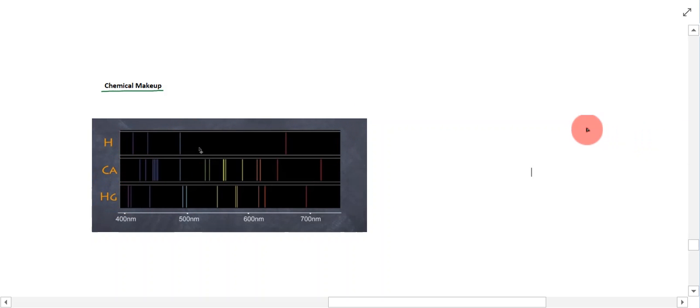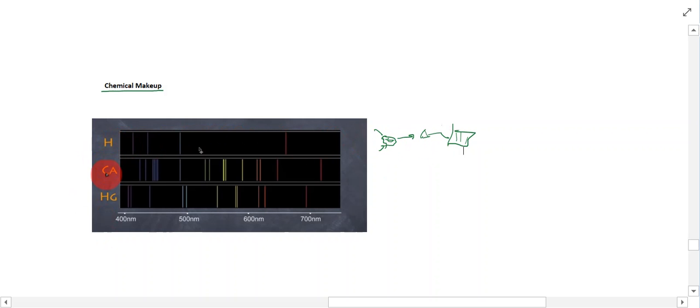So remember, if we have a gas cloud of hydrogen, and this cloud is heated up, it's going to give off light. Pass that through a prism, and we get this very unique spectra. So we have here an emission spectra for hydrogen. So we can see this is what it looks like.